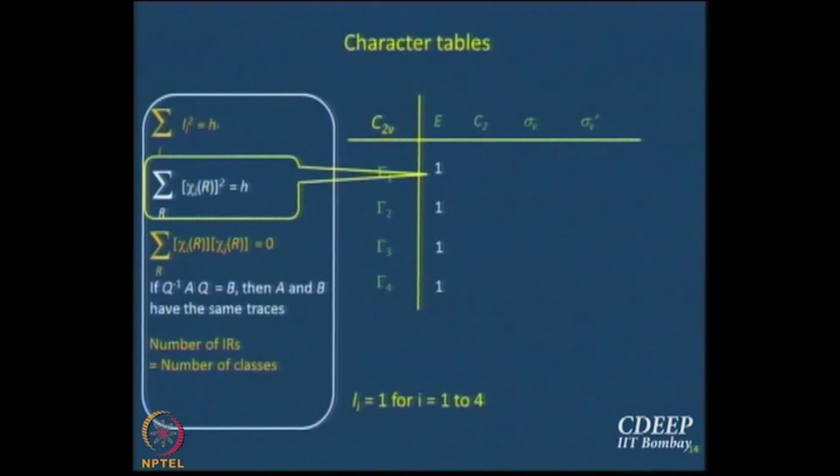And I can write the first row also. The first row is always 1, 1, 1, 1, as many ones as you have to write, because that would stand for something that is totally symmetric. What is the meaning of 1 here? No matter which symmetry operation you perform, your basis remains unchanged. That is the meaning of character of 1, right?